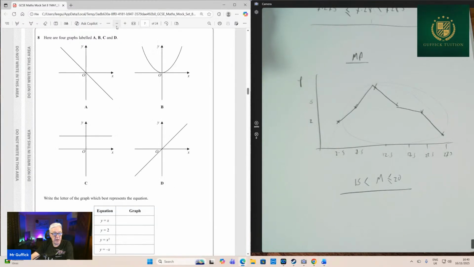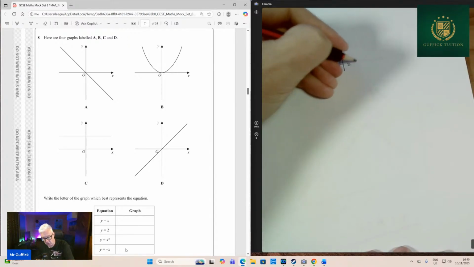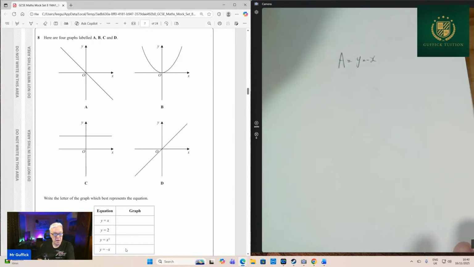Okay, let's just zoom out a little bit then. Right, so this one is going to be y is equal to minus x. So graph A is y is equal to minus x. That's the one it matches.